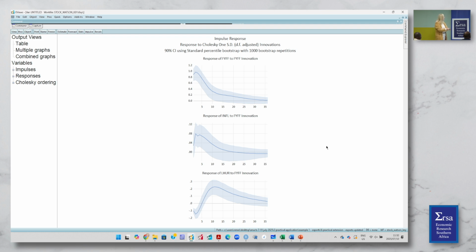Where it crosses the line there's maybe a little period where strictly we can't say whether it's significant or not, but since it crosses the line and is then still significant, I would believe that unemployment rises significantly for 8 quarters.